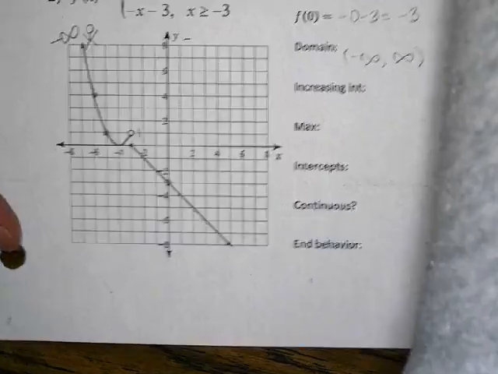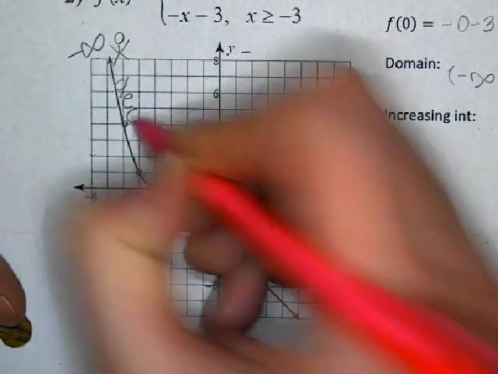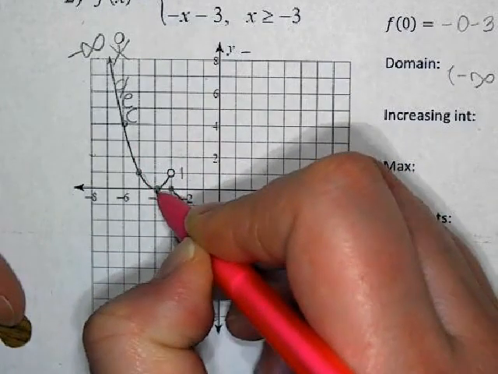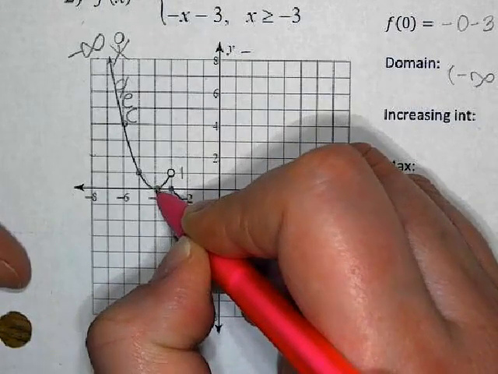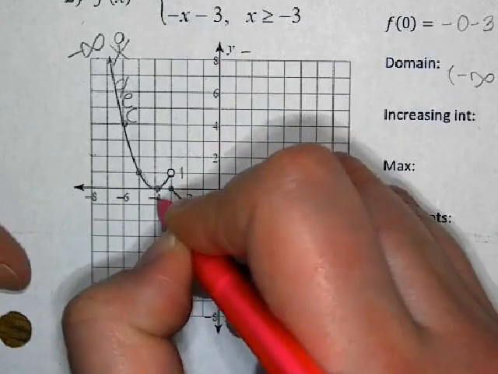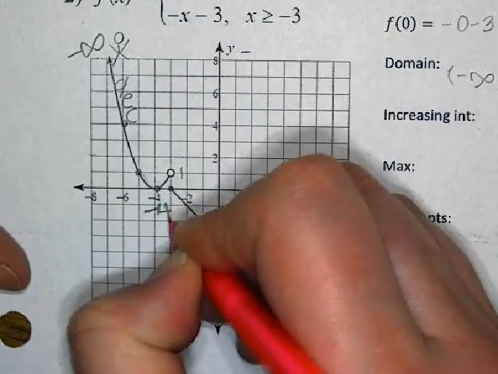He's walking downhill. He decreases all the way until he gets right here. What x value do you guys see right here? -4. So -4 is the value. I'll just make it a little bit bigger so I know that's not just a marking on the graph, but that's truly the number I'm using.